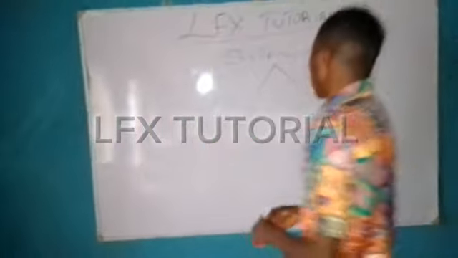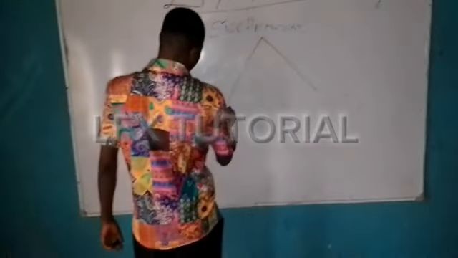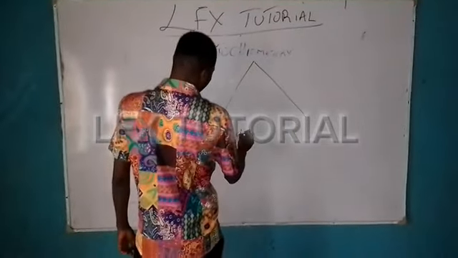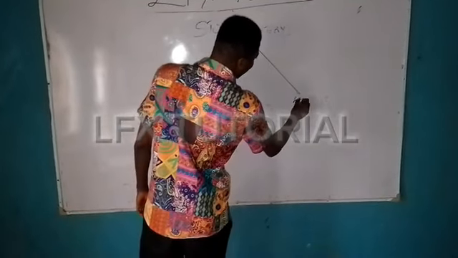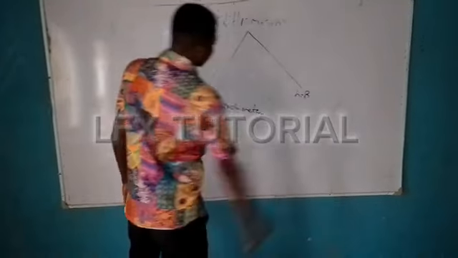So let's go. We have ideal stoichiometry, then limiting reactants, LR.